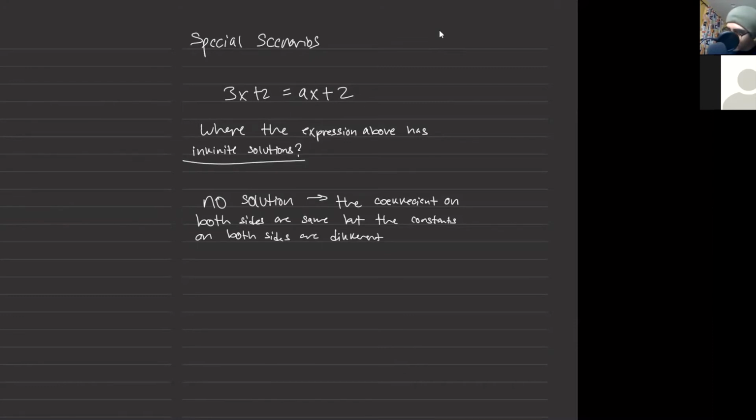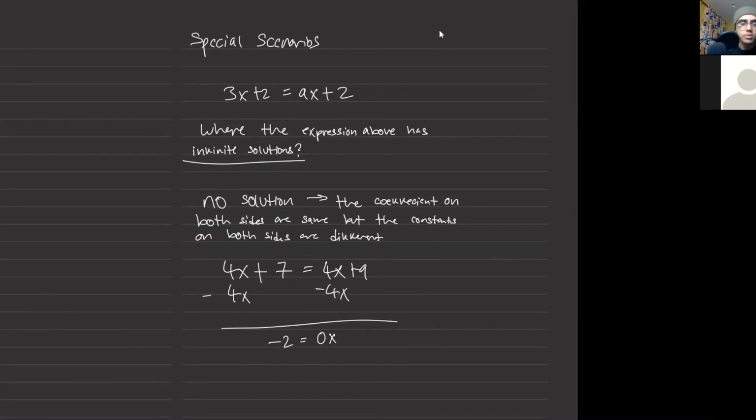Because when we have 4x plus 7 is equal to 4x plus 9, if we subtract 4x on both sides, we get negative 2 is equal to 0x, and 0x is 0, but x doesn't have any value at that point. So that's when it has no solutions.